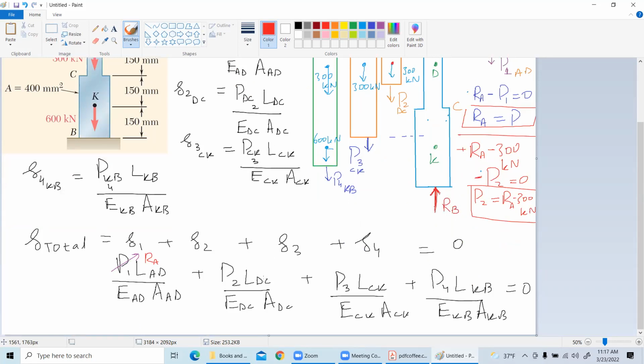But now from here onward, you do it yourself. So wherever I see P2, I put RA minus 300. Here I see P2, I put RA minus 300. Why don't you tell me what would I put in P3 and P4?